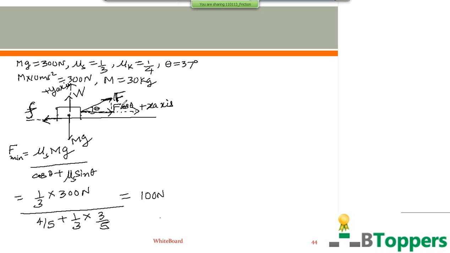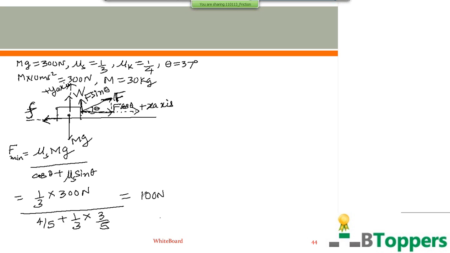The horizontal component of the pulling force will have magnitude F cos theta directed along positive x-axis. The vertical component of the pulling force will have magnitude F sin theta, which will be directed vertically upwards.